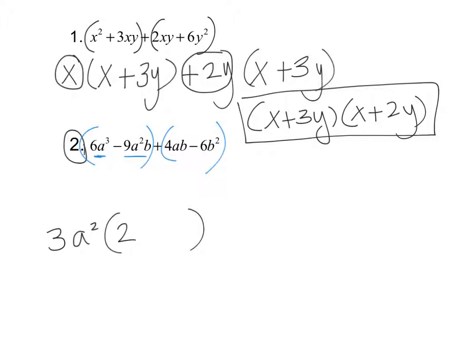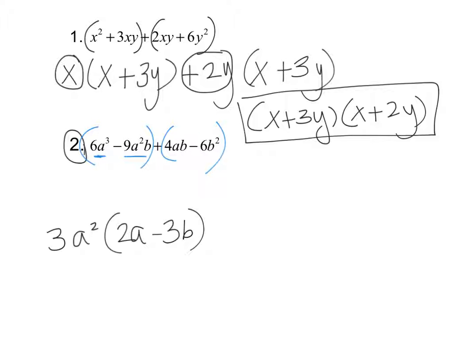So you see how I'm dividing it and taking one at a time. A cubed, I factored a squared out, so there's only an a left. Minus, so let's copy the minus. 9 divided by 3, that's a 3. I factored the a squared out, so it's gone. Now b, I didn't touch it, so I have to have a b next to the 3.